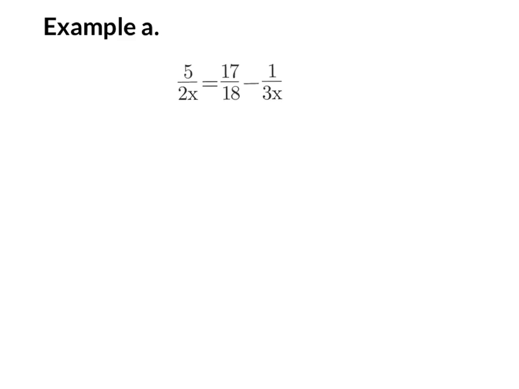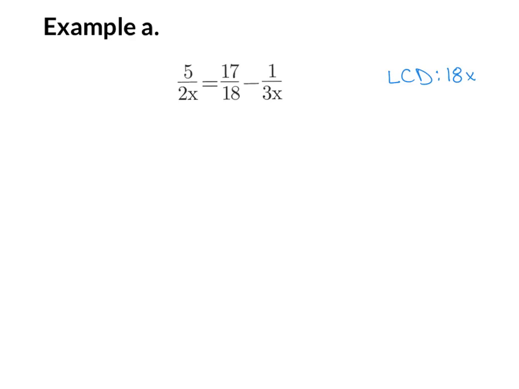For the LCD, I'm going to start with the number part. Our LCD for the numbers is going to be 18. Now, unfortunately, this doesn't cover everything. Notice that in the denominators, we also have some x's, and so I want to include that in my LCD as well. My LCD will be 18x.